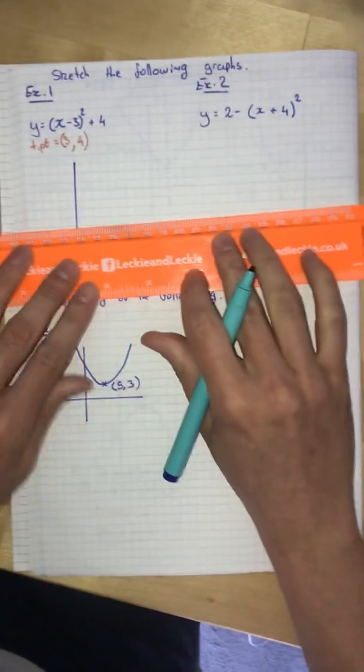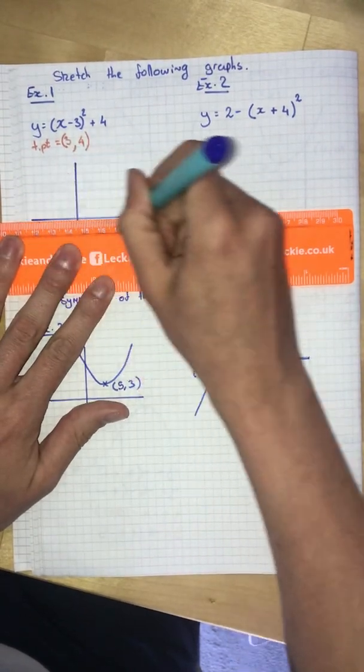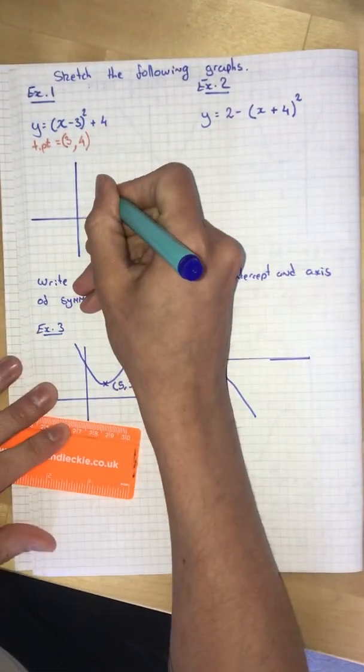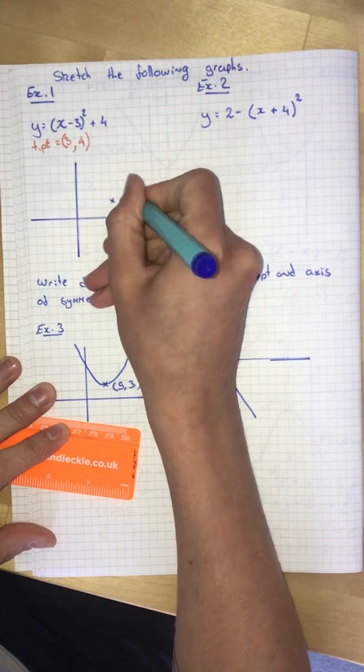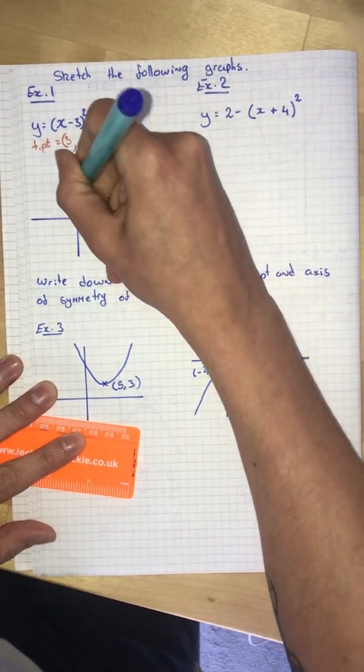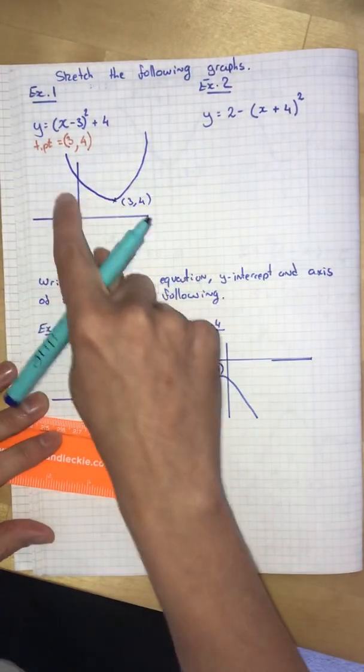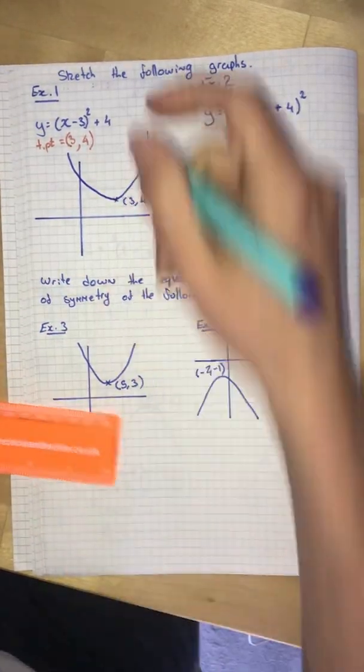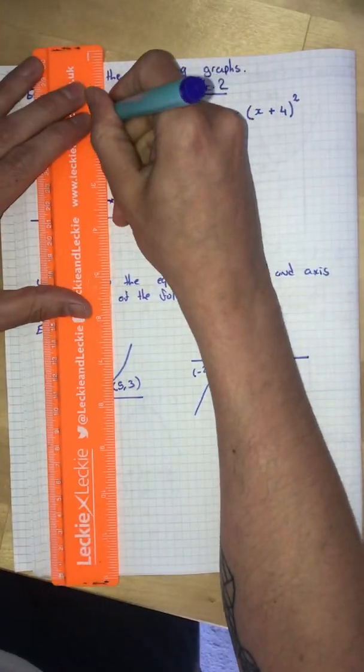Okay, and we can see that this is going to be a positive graph. So we draw the axes. Then we've got the axis of symmetry.